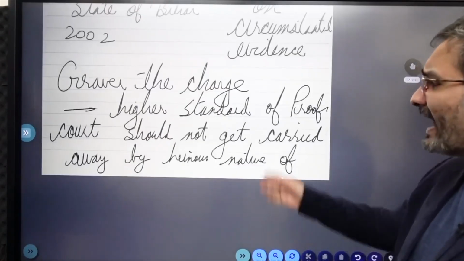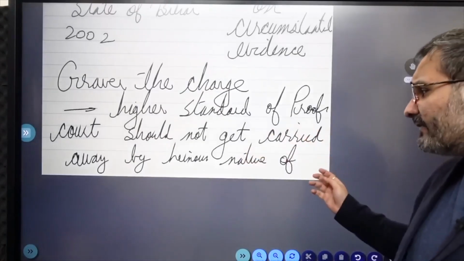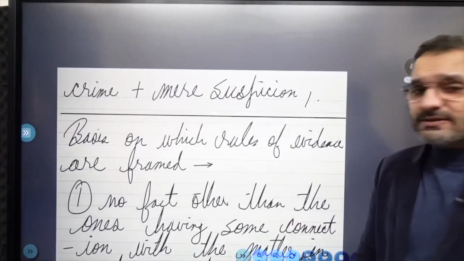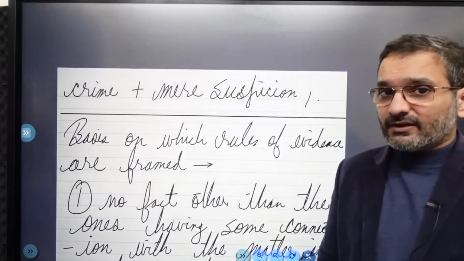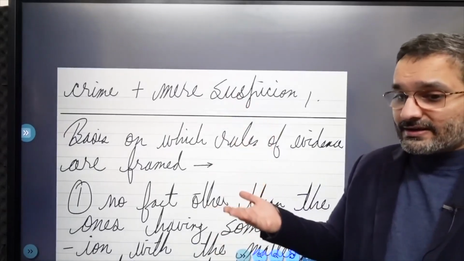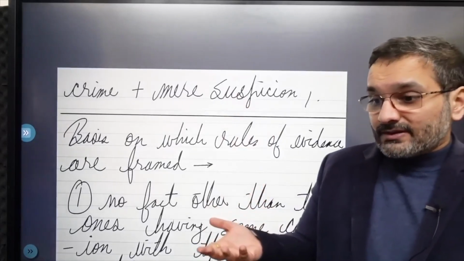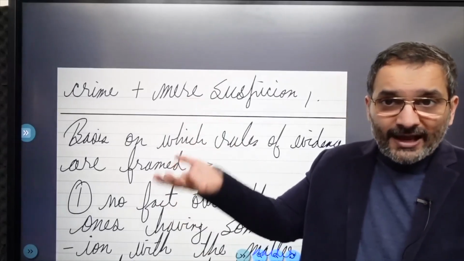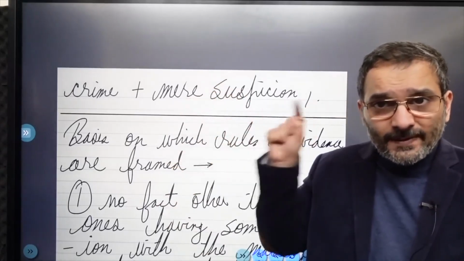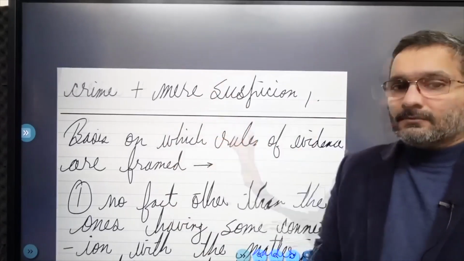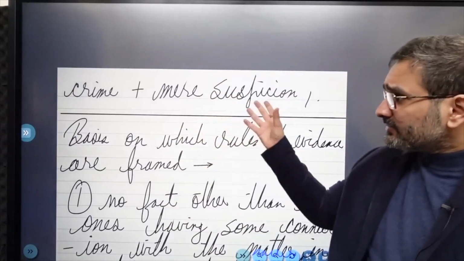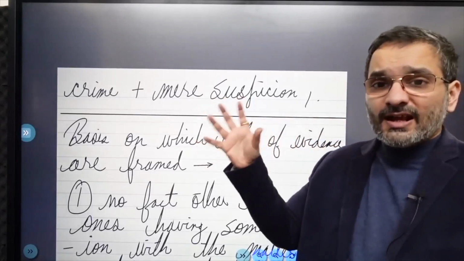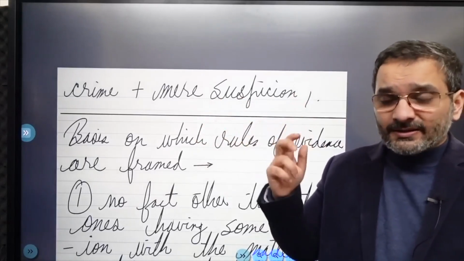So graver the charge, the higher the standard of proof, because the court should not get carried away by the heinous nature of the crime and mere suspicion. So if the charge keeps increasing, let us say आपने offense कर दिया है जिसकी punishment death भी हो सकती है, तो फिर evidence भी उतना ही tight, उतना ही strict और उतना ही clear should be pointing to your guilt, not because of mere suspicion, just because आपने बहुत कुछ गंदा किया है और पुलिस वाले आपको पकड़ के लाए, like in the निर्भया case.